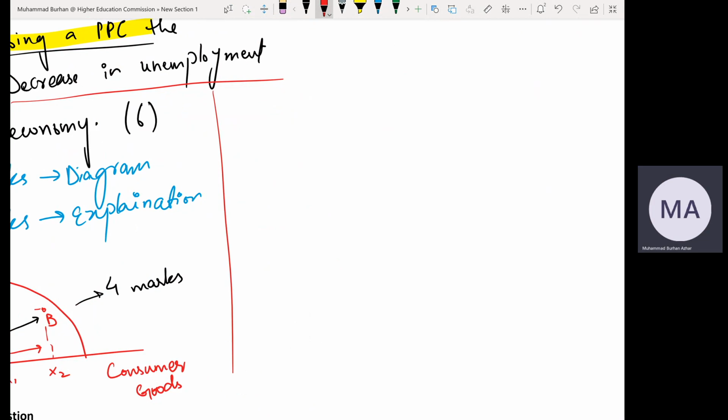In my experience of teaching, remember one thing: for the PPC, all diagrams, all the effects, all the changes, you should be able to know. Shifts in the PPC, movement from inside towards the PPC, you should know all of these. And you should be able to do a demand and supply analysis, because these are frequently tested in a 6 mark question.